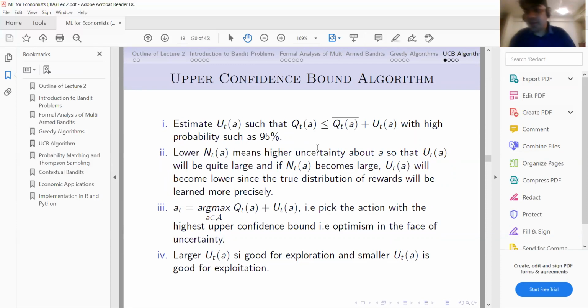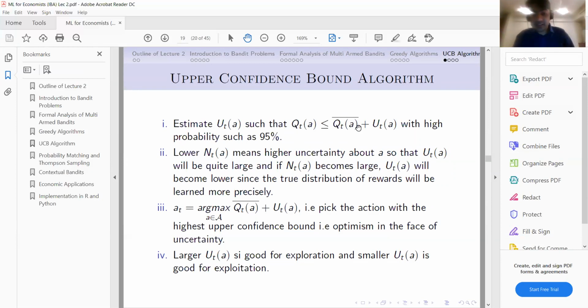And depending on how you want to solve the exploration versus exploitation trade-off, you construct confidence intervals for Q_t(a), which is, remember, the expected value of the reward from an action a, which is what you don't know, right? And this is what you wanted to estimate using the average reward from action a up to this point, which is Q bar, right? And this is what the greedy algorithm was maximizing, right? Q bar. So you have the same thing, which is a Monte Carlo evaluation, or in simple words, just the average reward from action a up to point t.